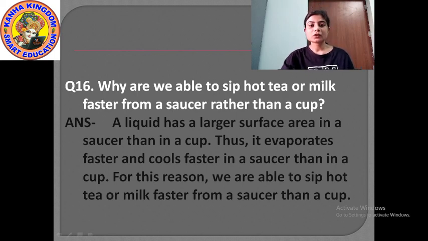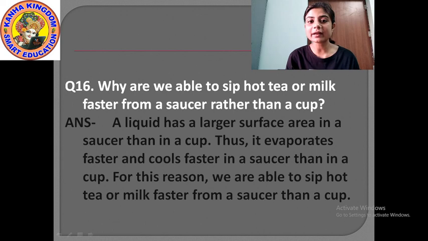Saucer means the plate. The cup and plate. When you pour tea into that plate and when you drink, it gets cool faster. Yes or no? It cools down faster. Why? Because the surface area is larger on the plate than that of the cup.